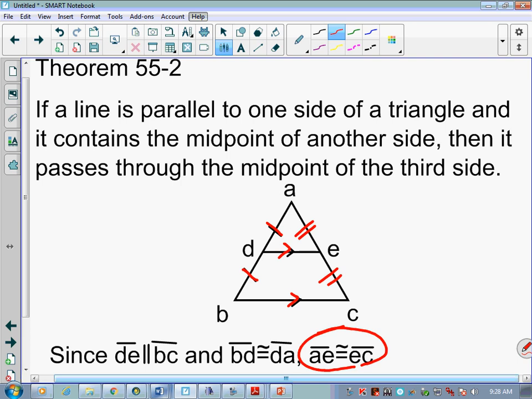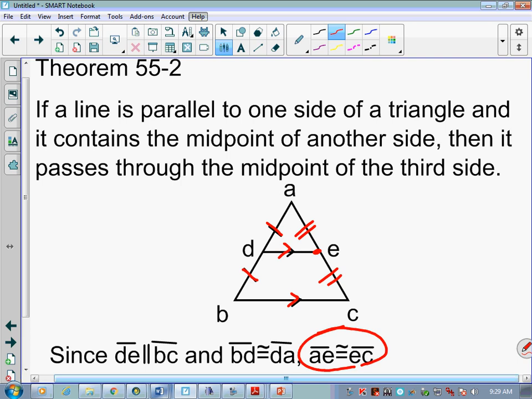If it's parallel and contains a midpoint, then the other side is a midpoint. That's the only way for DE to be parallel to BC: this point E has to be a midpoint.